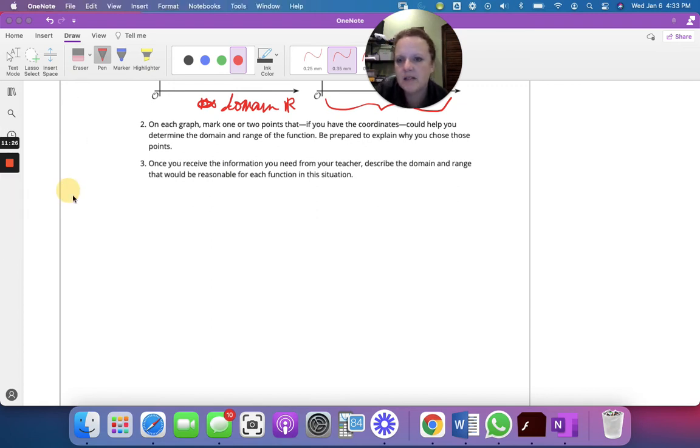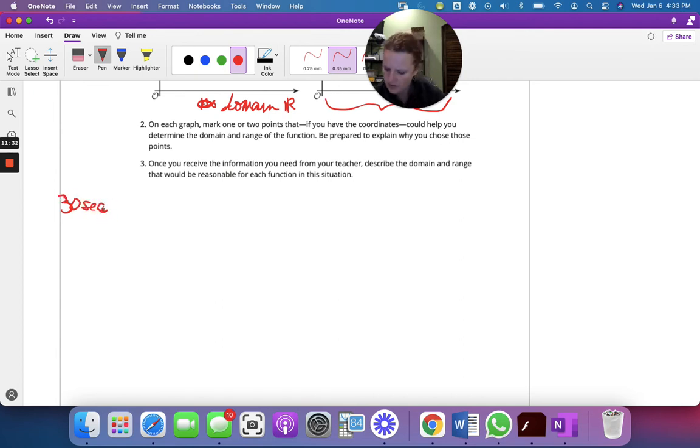I'm going to make a list. 30 seconds on the swing. While the child's on the swing, an adult pushes the swing a total of 5 times. The swing is 1.5 feet above the ground.